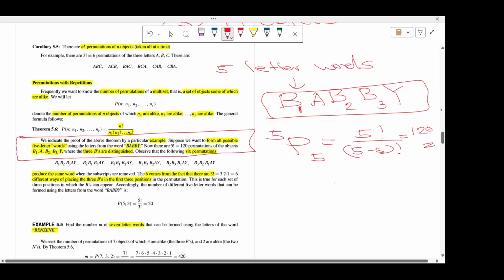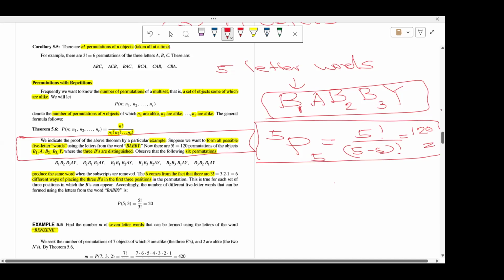But the problem here is that all three letters are B. So it means you may be using the first B or the second B or the third B. Look at this example: all 120 words can be made when each letter is a unique letter.